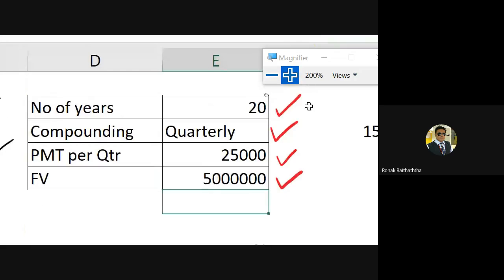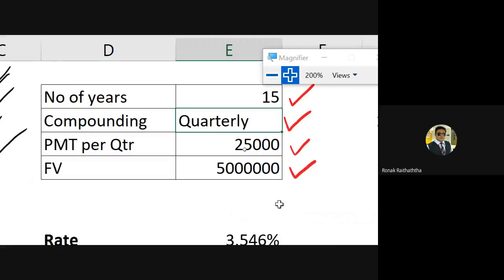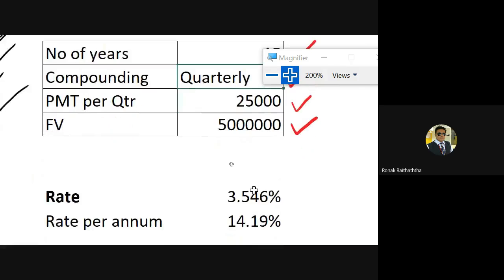Please change the data accordingly, and then you will be finding the rates there.